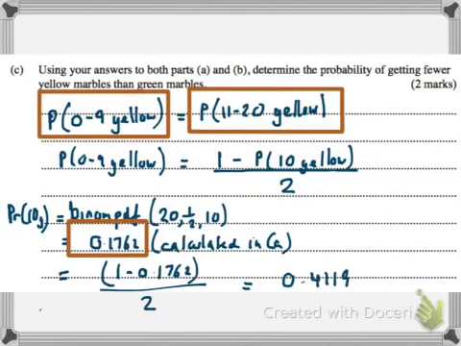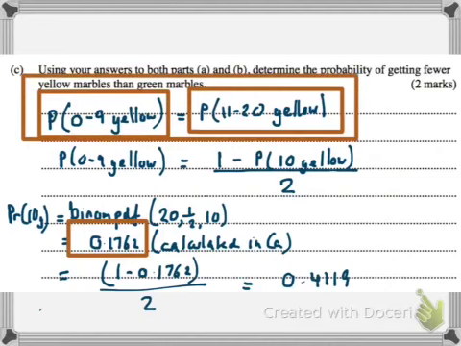Because these two are the same here, the probability of 0 to 9 yellow is going to be 1 minus the probability of getting 10, divided by 2. Because if you line up all the results, 1, 2, 3, 4, 5, 6, 7, 8, 9 yellows, 10 sits out on its own, 11, 12, 13, 14, 15, 16, 17, 18, 19, and 20.